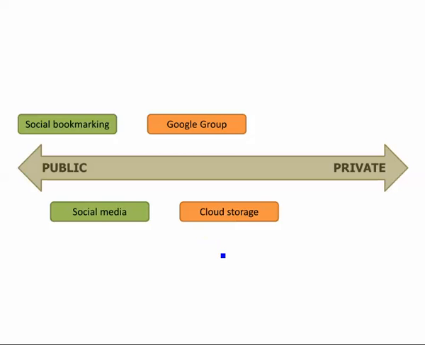In the cloud storage category, we're going to be talking about Google Docs and also Dropbox.com. Those are services where you can have something very private that's synced across devices.